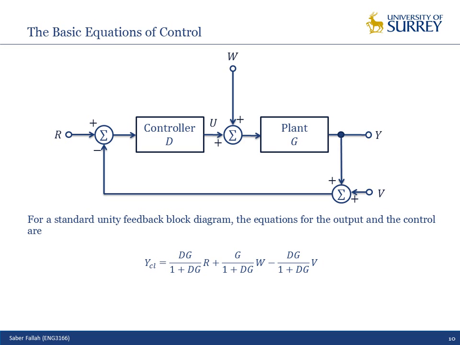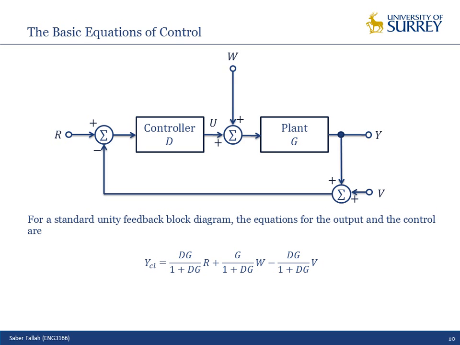So the overall closed loop system will be minus DG, positive, positive, here V, Y, unit positive feedback. Just a moment. Minus D comes from this summing point.